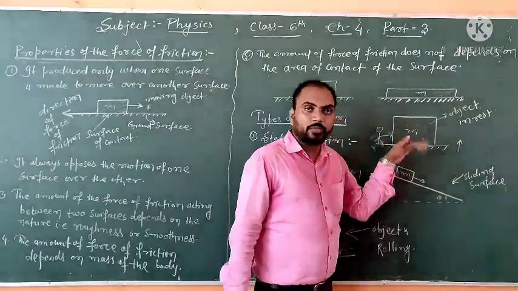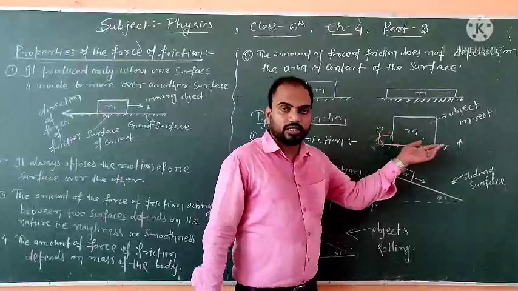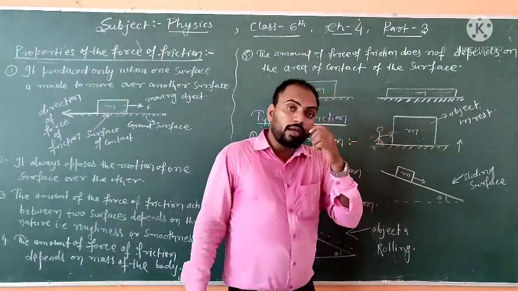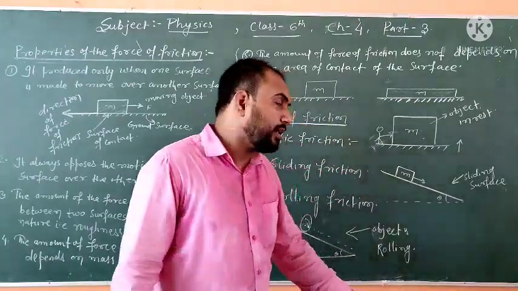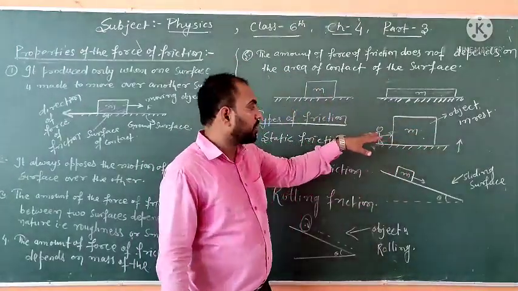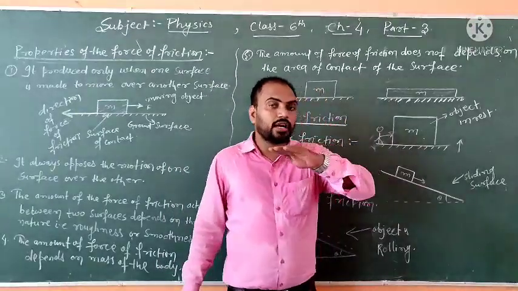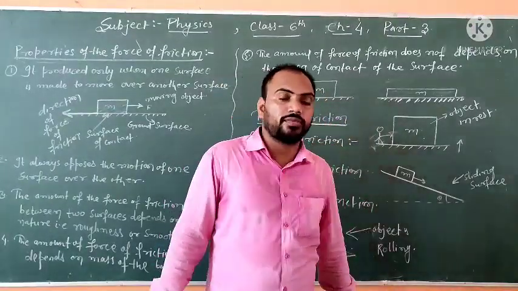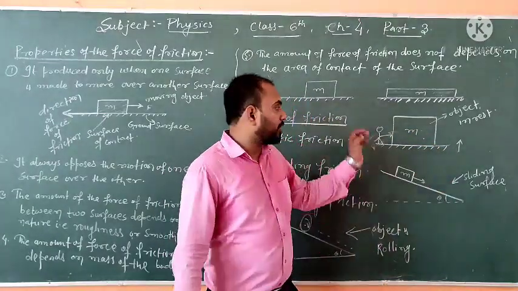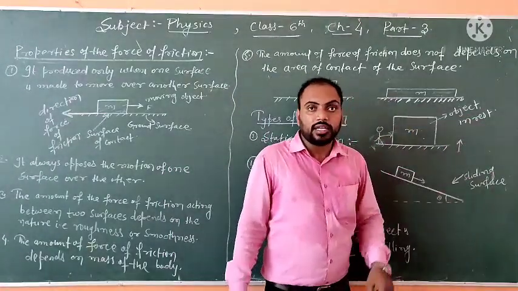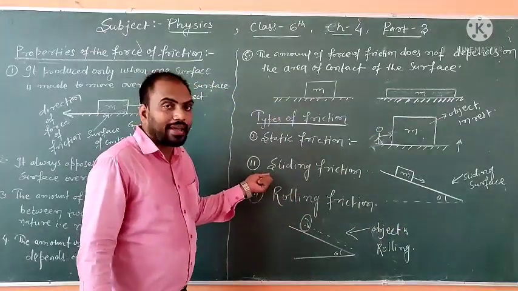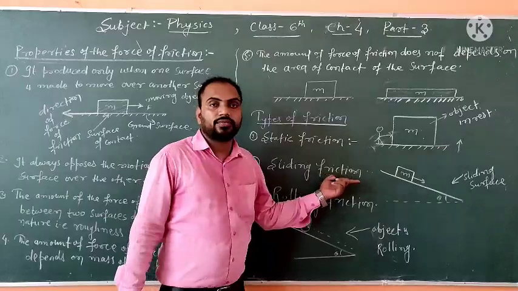If you apply up to a limit, that is called limiting friction, a maximum friction. If you apply more force than that, the body will start sliding. At that time another force of friction comes into action, called sliding friction.